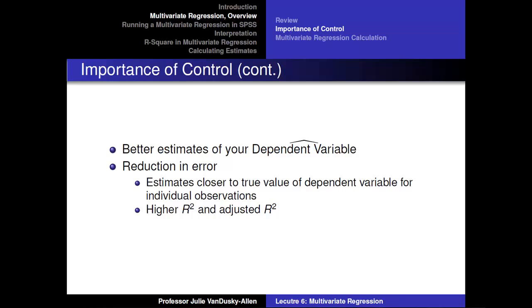And if we make better estimates, that leads to a reduction in our errors, and since our estimates of the dependent variable for individual observations will be closer to the true values, our errors will be smaller. And a reduction in error leads to a higher R-square and adjusted R-square, meaning our models are explaining more of the variation in our dependent variable.